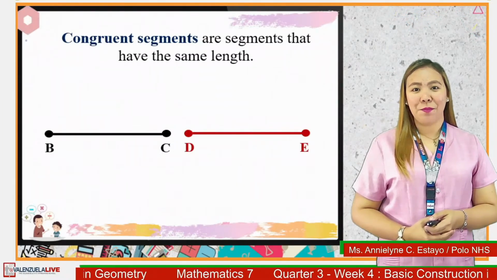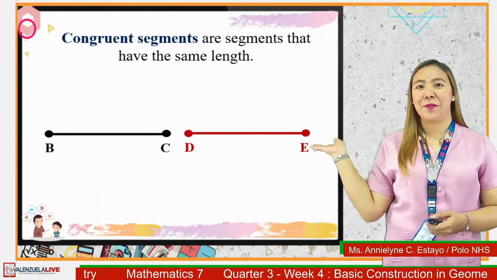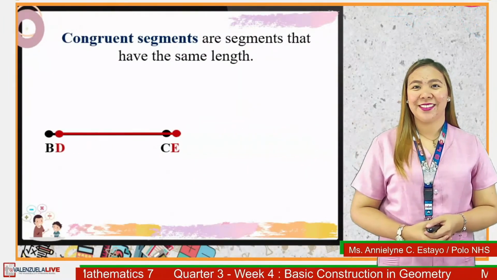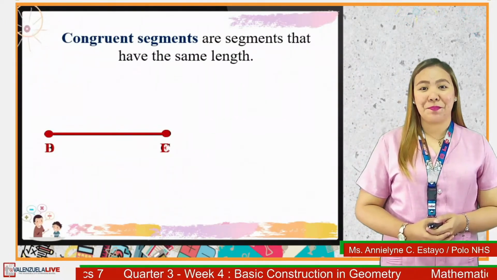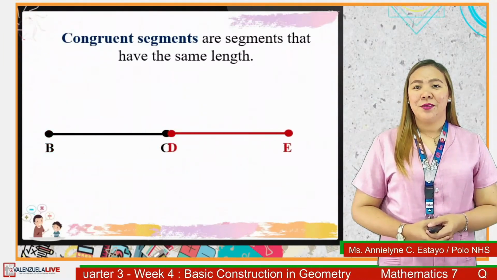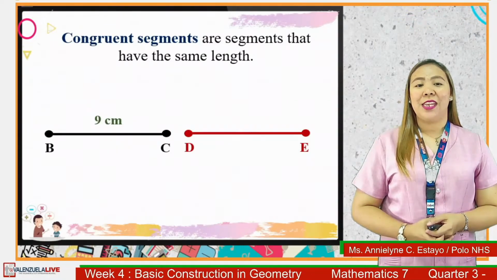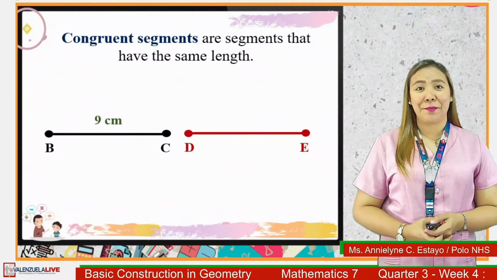In these examples, is segment BC congruent to segment DE? Let us check. It shows that segment BC is congruent to segment DE. So, if the measurement of segment BC is 9 centimeters, what is the measurement of segment DE?